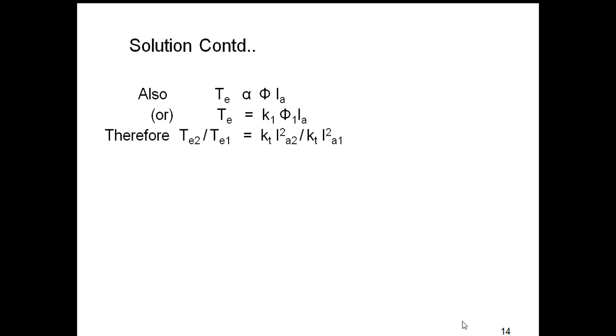So from that we get T2 by T1 is equal to KT into IA2 square by KT into IA1 square.